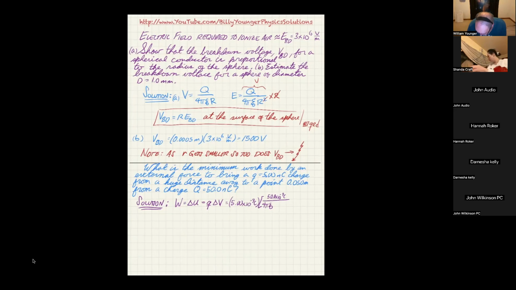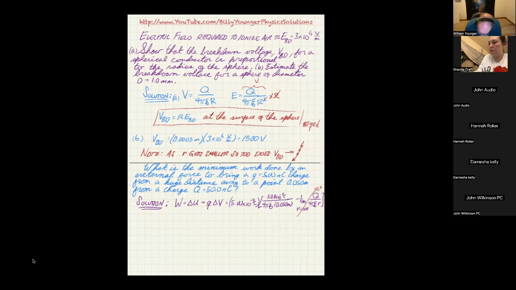So 4 pi epsilon naught times 0.050 meters, like this, and then minus, in this case, we're taking the limit as r approaches infinity of q over 4 pi epsilon naught r, like that. So we can see that in doing that, this term becomes 0.